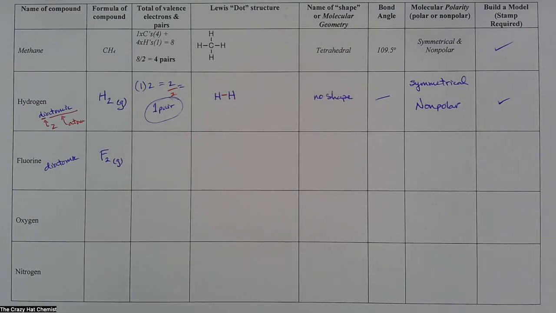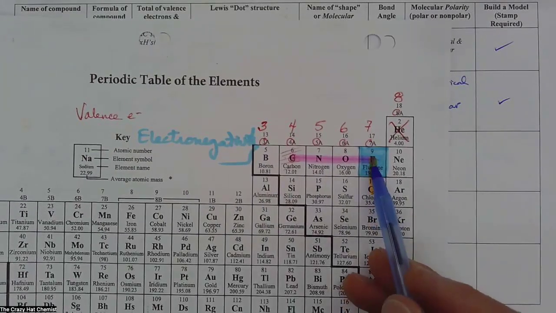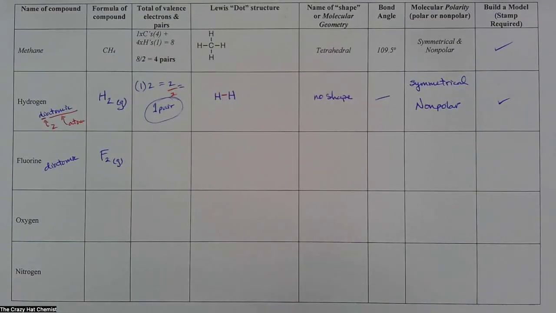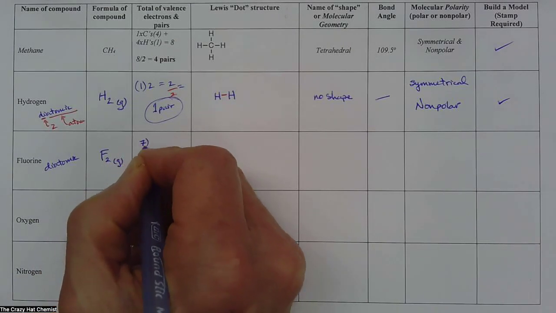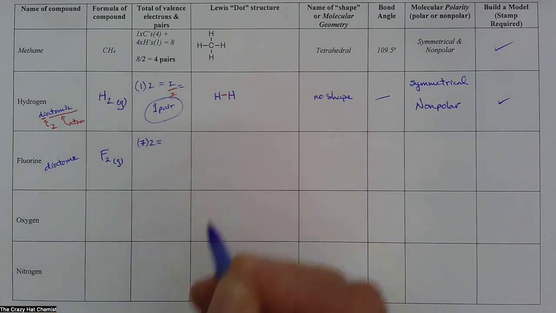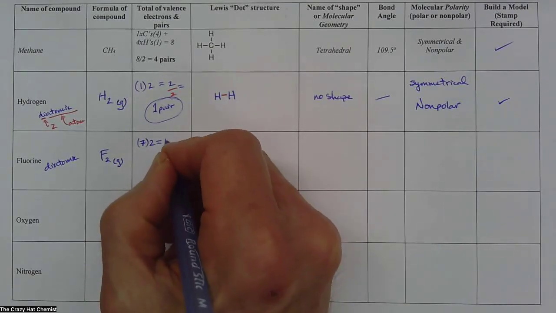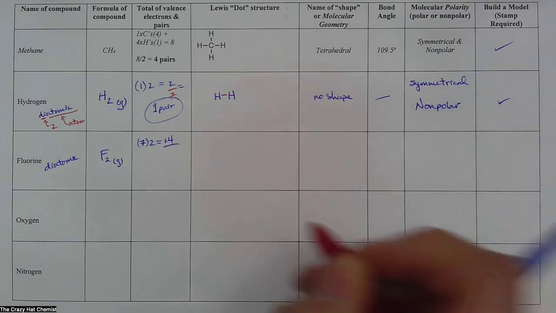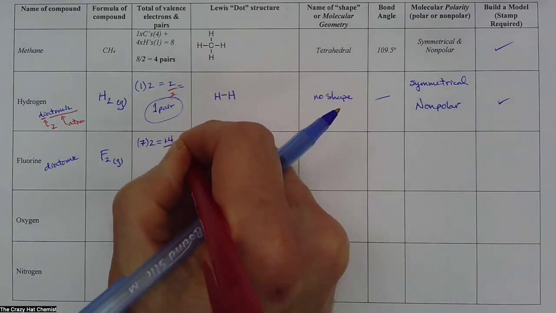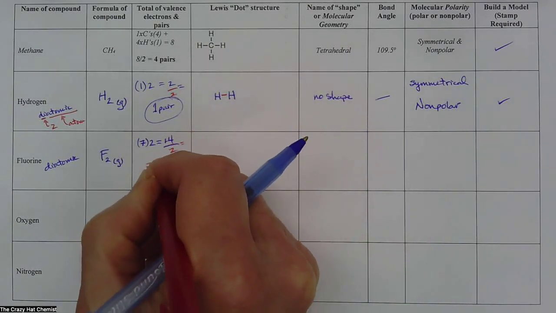Okay, fluorine, we have to figure out the valence electrons. There are 7 valence electrons in fluorine. There are 2 fluorines, so that's 14 total electrons. We're going to divide by 2, as always, and we're going to get 7 pairs.